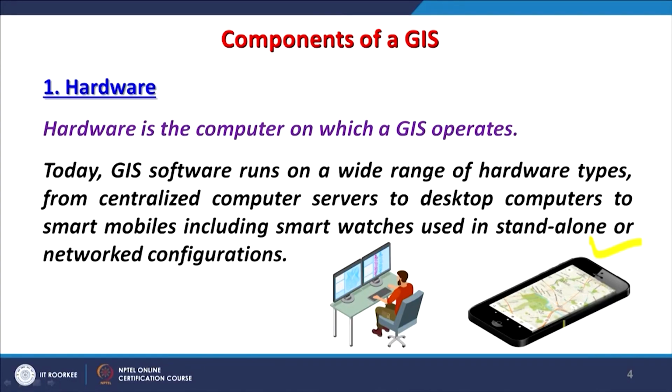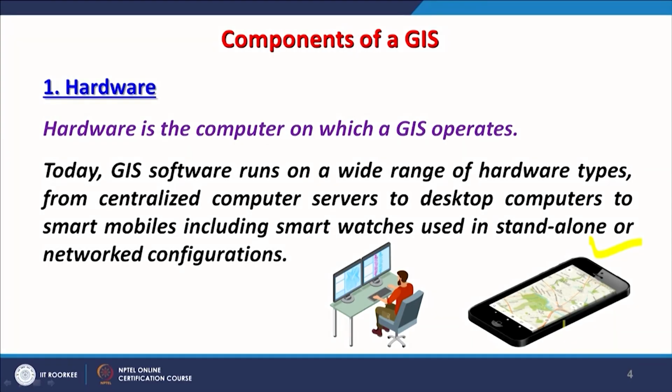Some stripped version of GIS or very small utility of GIS is available, standalone GIS or network based GIS, and then you use the GIS. And so, the hardware varies, with a wide range of hardware types on which GIS can run.